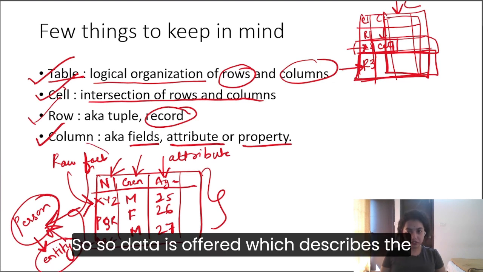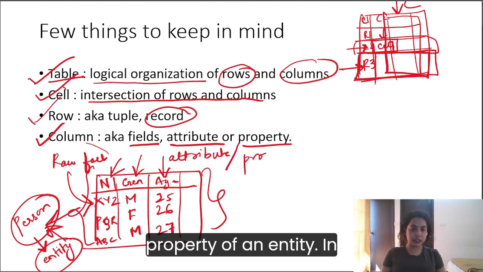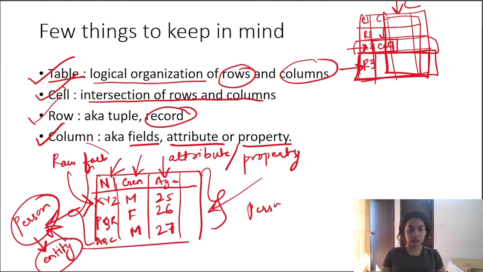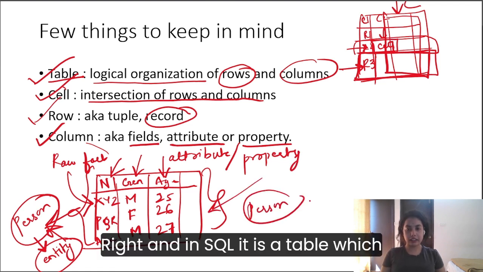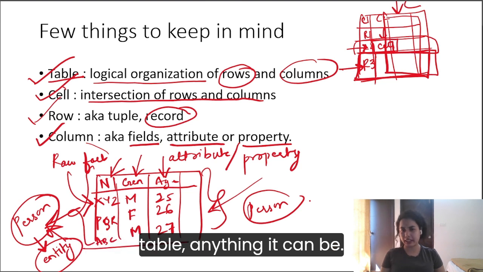Data is a raw fact which describes the attributes or properties of an entity, in this case a person. And in SQL, it is a table which describes the persons or employees. It can be an employee table, a person table, anything.